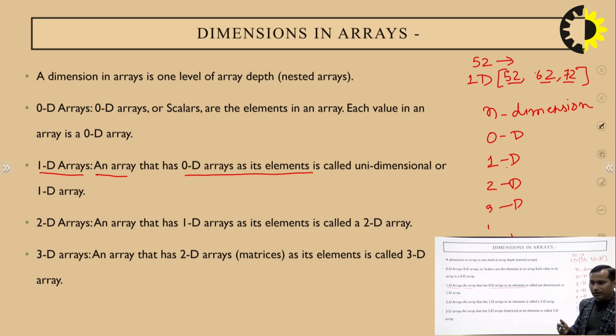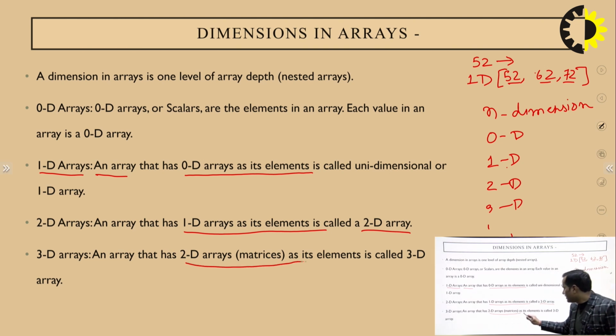An array that has 1D arrays as its elements is called a 2D array. And an array that has 2D arrays or matrices as its elements is called a 3D array.